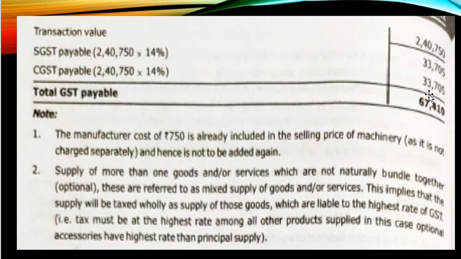In this case, the optional accessories have a higher rate than the principal supply. So when such a supply is made, you need to consider it a mixed supply. When any goods are supplied along with the primary as optional, please consider it a mixed supply, and the higher rate of GST will be applicable. Don't get confused with the GST rate to be assigned.